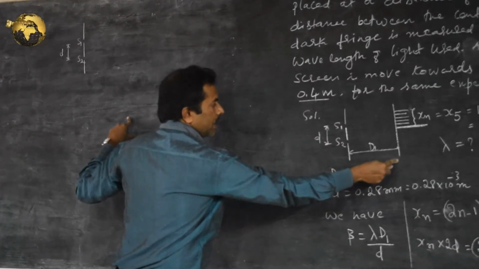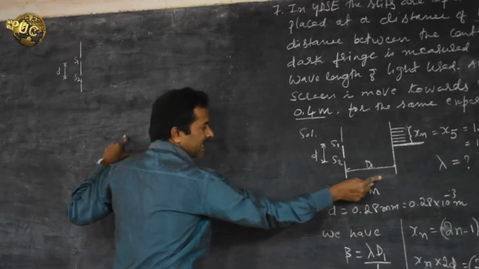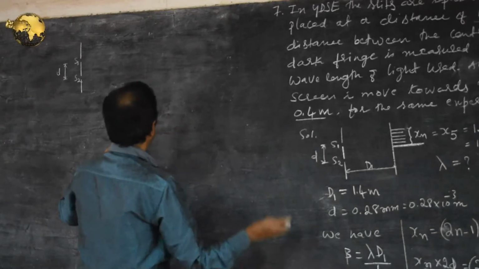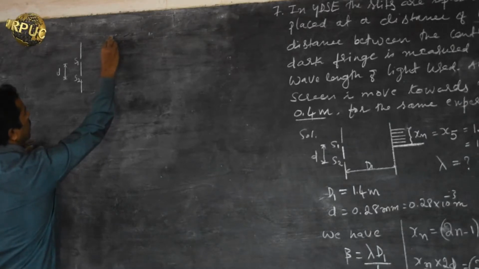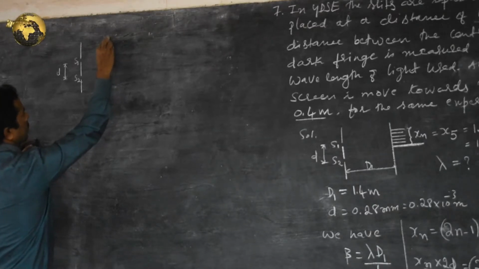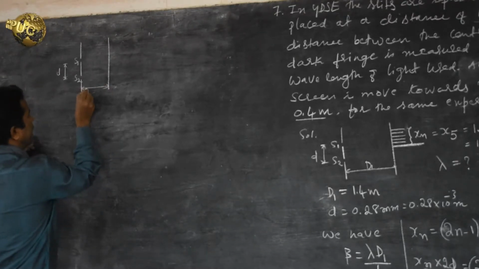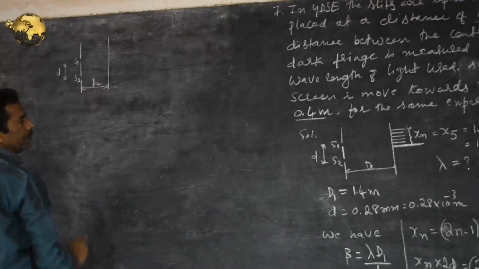Now, in the second case, the screen is moved towards the slits by 0.4 meter. Then the distance becomes D2.